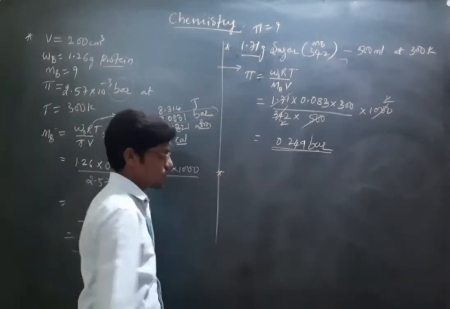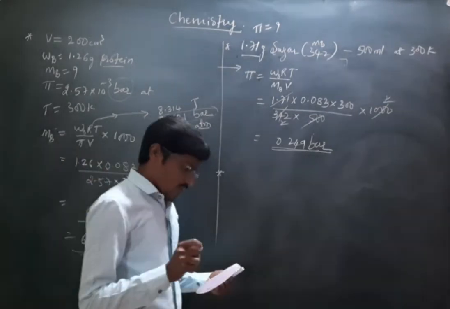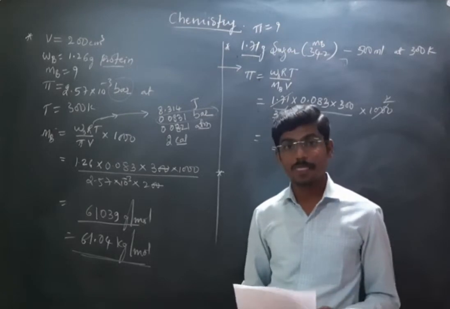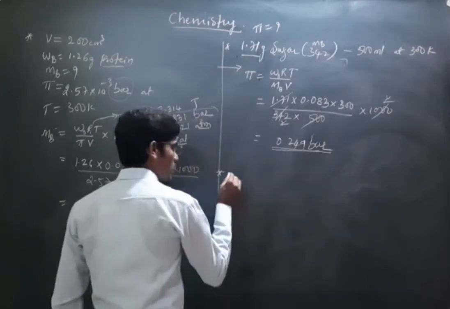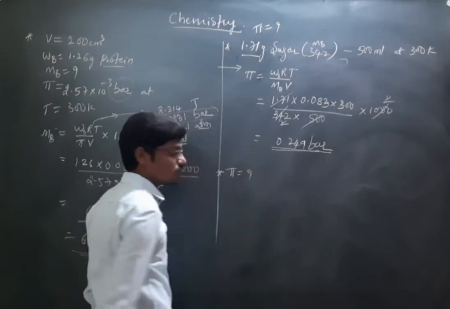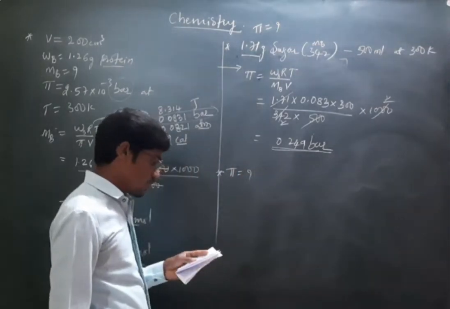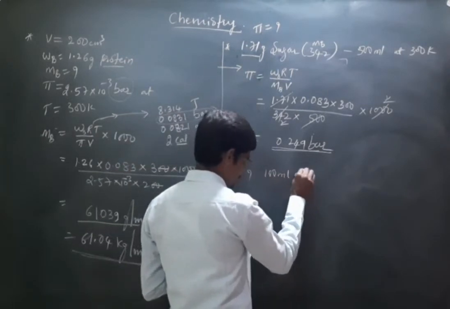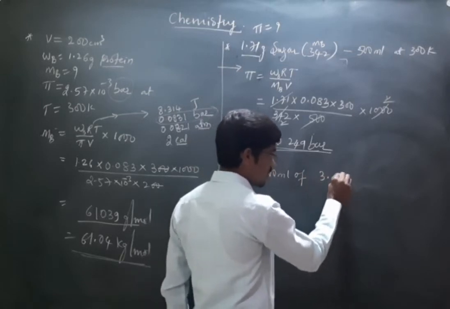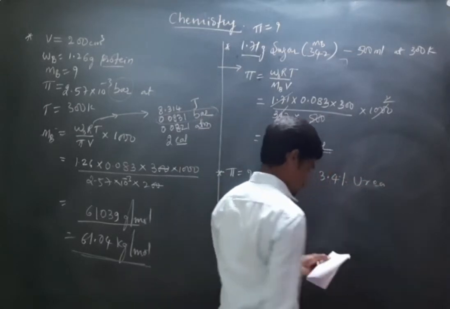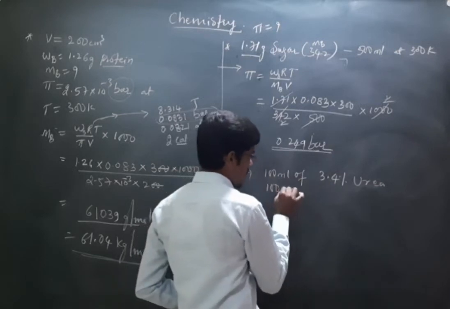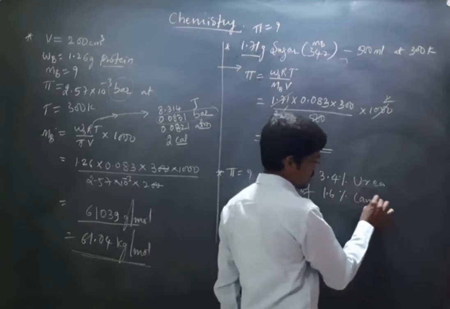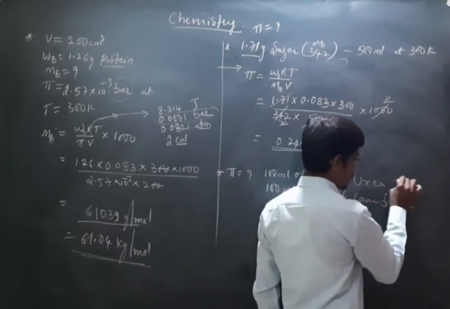Next question. Calculate the osmotic pressure of the solution prepared by mixing 100 ml of 3.4% urea solution and 100 ml of 1.6% cane sugar solution.